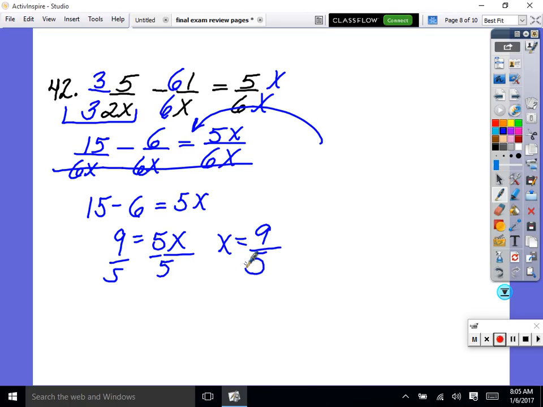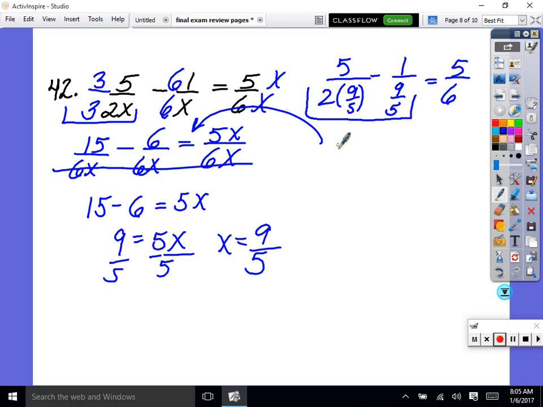Checking it, watch me check it. So we have 5 divided by 2 times 9/5 minus 1 over 9/5 equals 5/6. Now you've got to type this in correctly into your calculator, so you've got to use parentheses. So what I would do is just do 5 divided by, type that into your calculator, and then write down what you get.